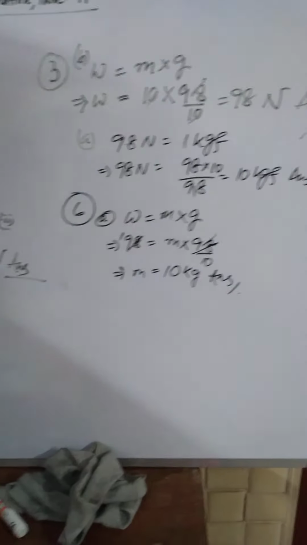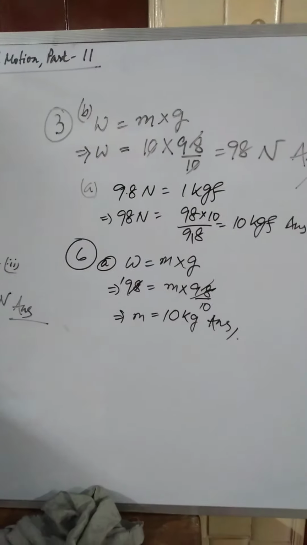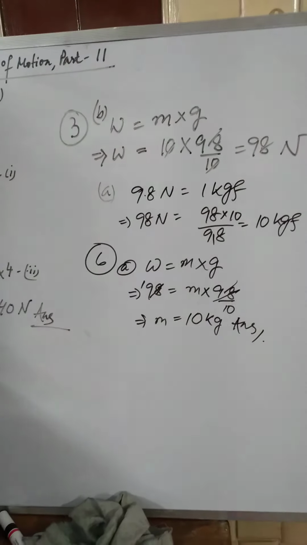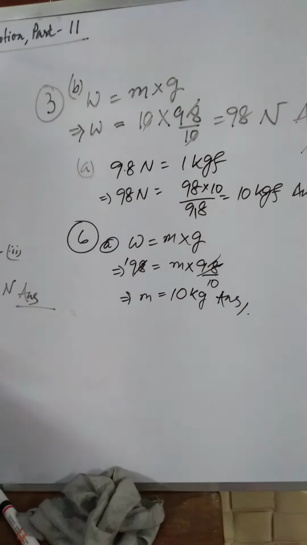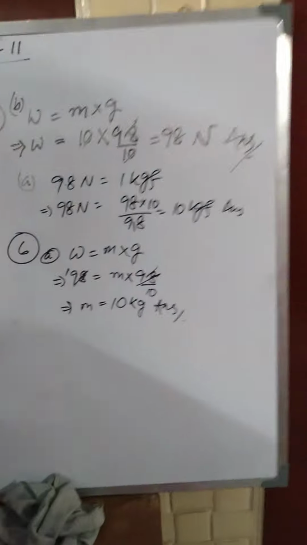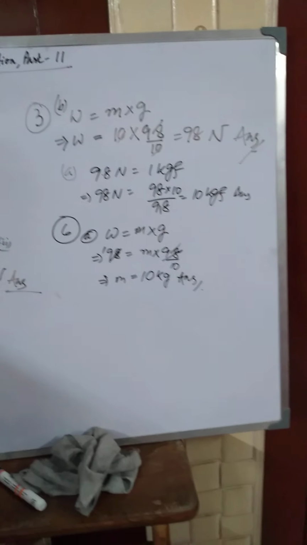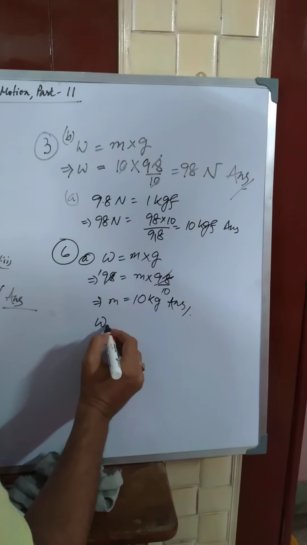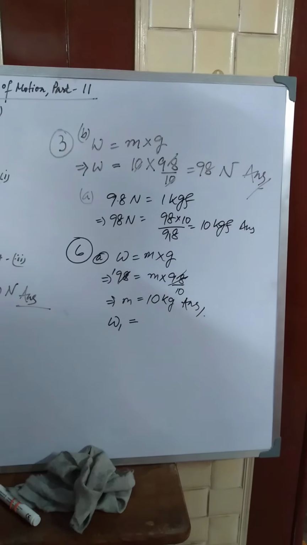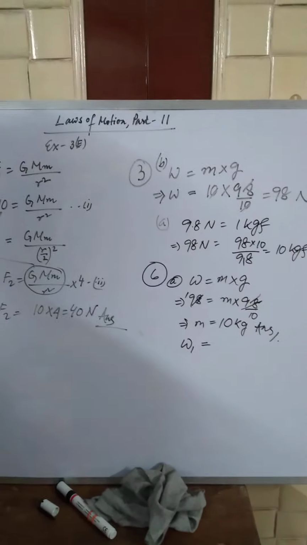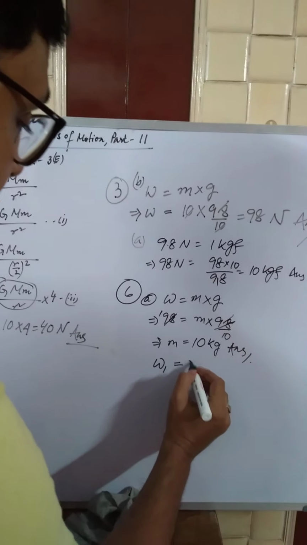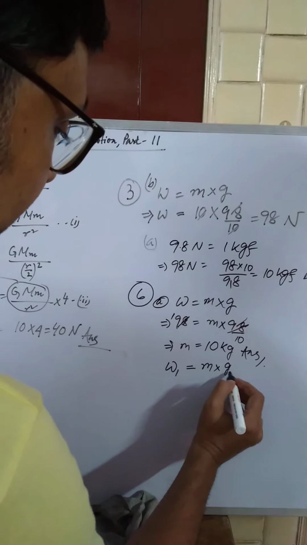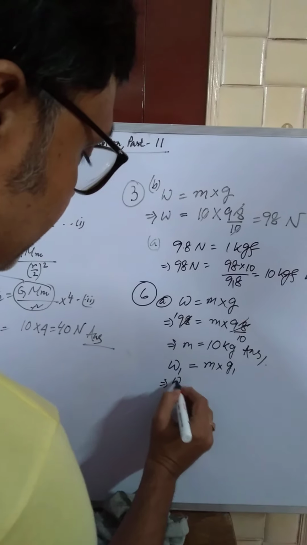Now you know that mass remains constant everywhere in the universe. So the mass of the object is 10 kilogram, and now consider the weight on the moon, where the acceleration due to gravity is 1.6 meter per second square. The weight of the object on the moon is W1, mass remains constant, and G1 is the new acceleration due to gravity.